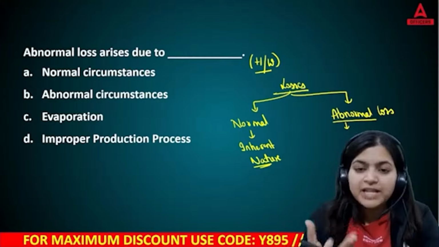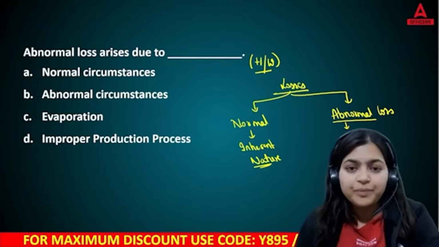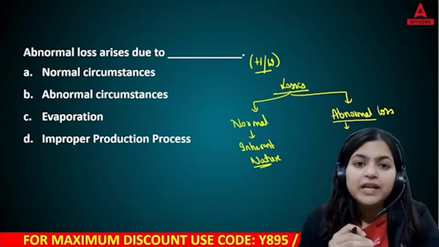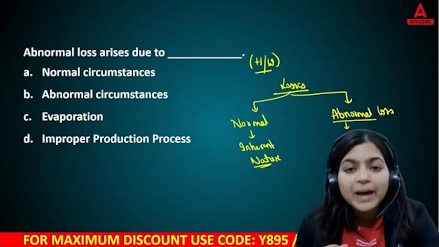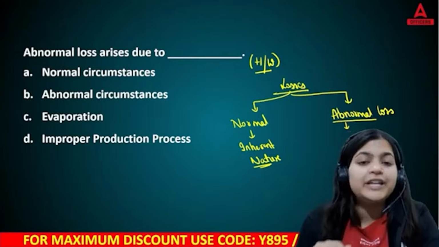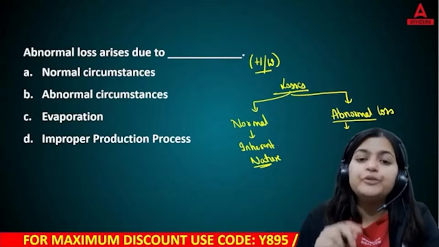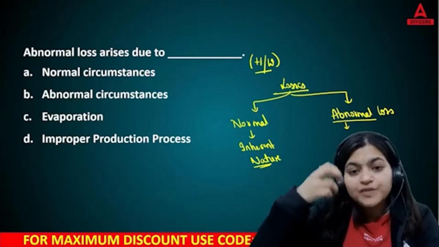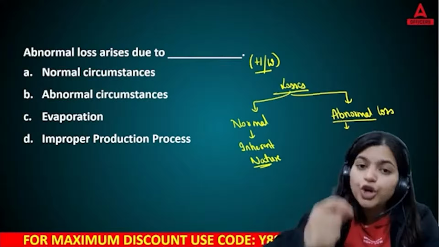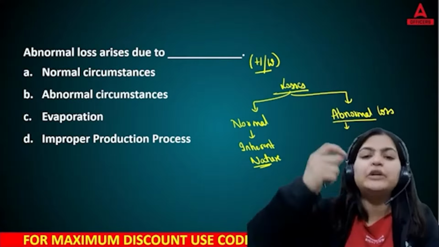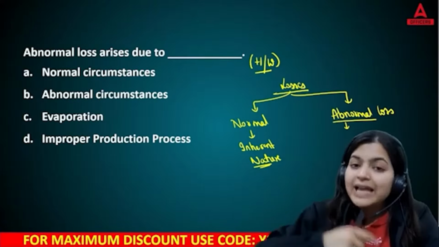Correct. So let's say there is a strike in your factory. That strike is only in your factory. Yes. Let's say there is a fraud in your bank. That fraud is only in your bank. So who will suffer? Only your bank. So because of some specific activities which your bank or your industry or your particular company is facing, that is abnormal loss.